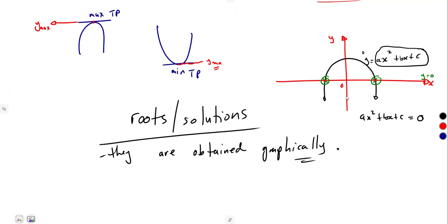So given f(x) = 0, our original function, the roots are the x-intercepts of the given function. The solutions or the roots are the x-intercepts.